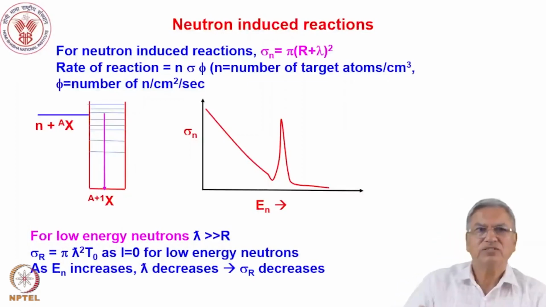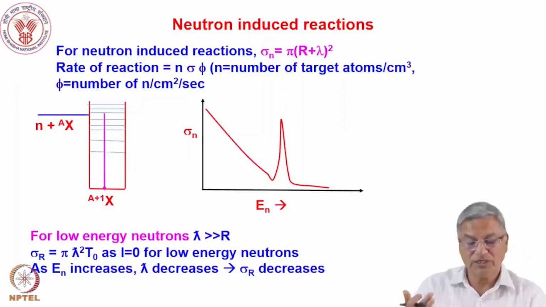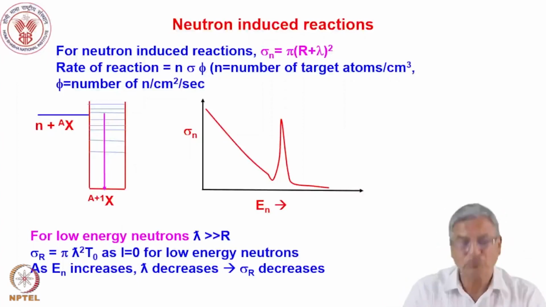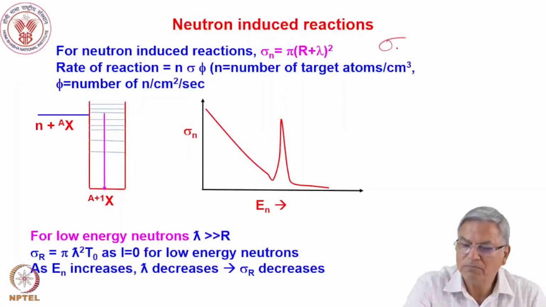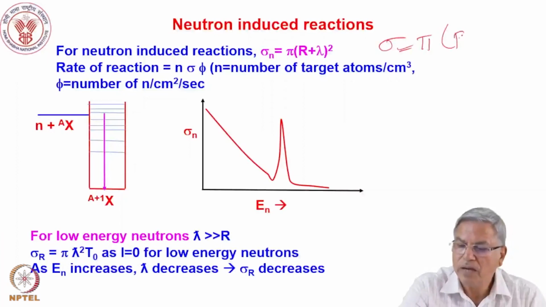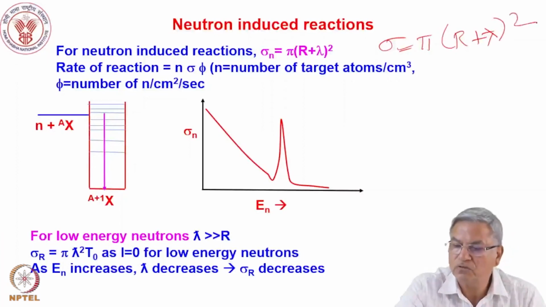Now let us discuss these cross sections for neutrons and charged particles separately, because the cross section varies in a different fashion for neutral particles like neutrons and for charged particles. Just now we saw σ was nothing but π (R plus λ-bar) square.